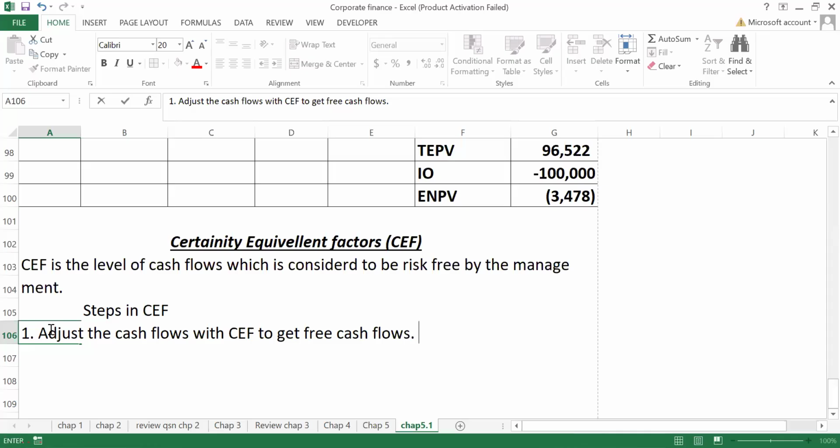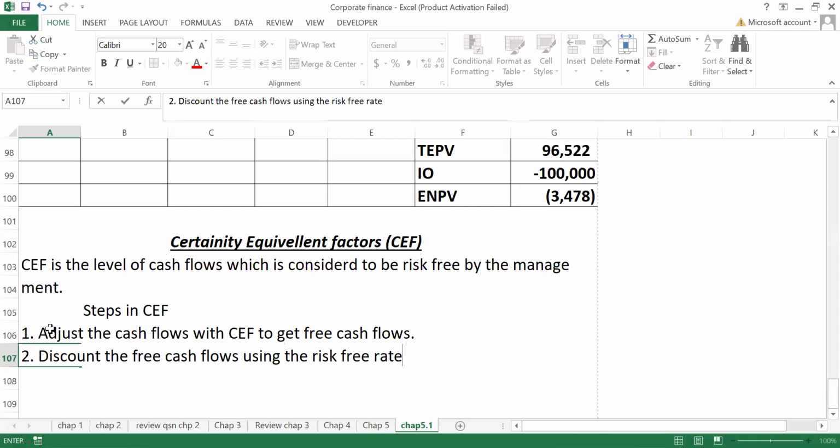Step number 2, discount the free cash flows using the risk-free rate.